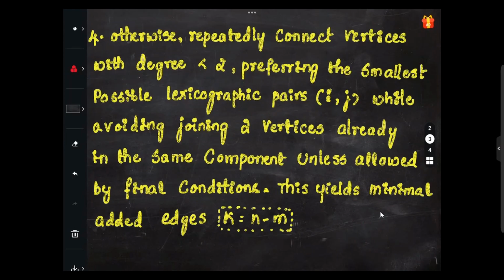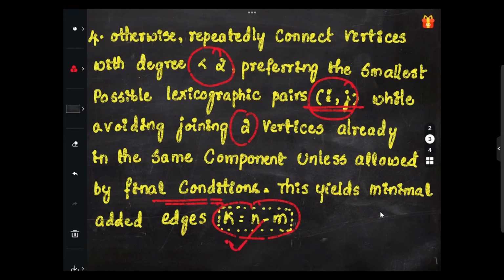Otherwise, we have to repeatedly connect the vertices with degree less than 2, preferring the smallest possible lexicographical pairs i, j, while avoiding joining two vertices already in the same component, unless allowed by the final conditions.